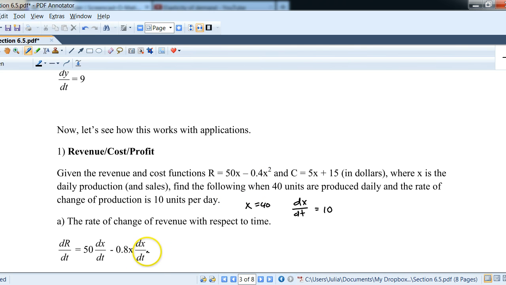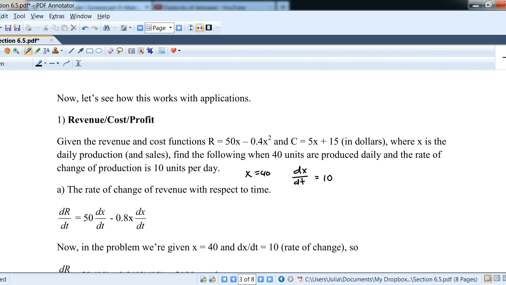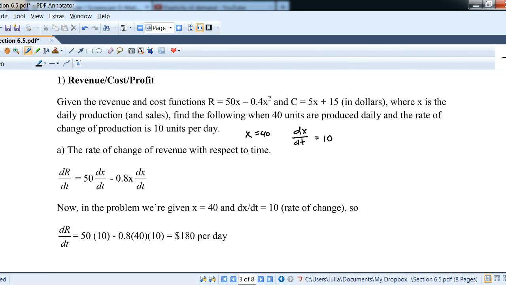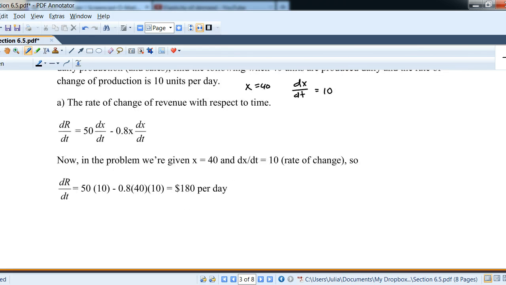So again, it's always chain rule. So this is the notation we use, and then we plug in. Notice this is what I wrote in the beginning. x equals 40, dx/dt is equal to 10. So you can plug in everything and you get the answer. It's actually $180, and I think it was per day. So I wrote whatever the unit of time is. So revenue looks like it's increasing by $180 per day.